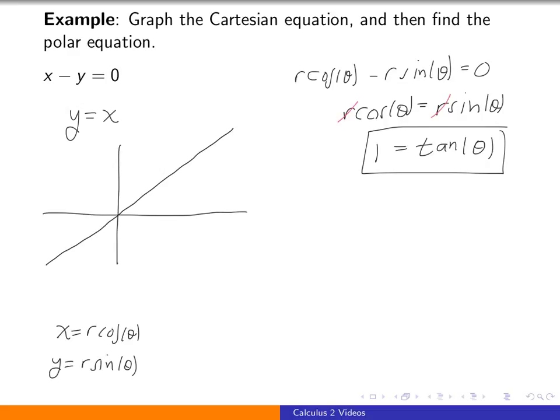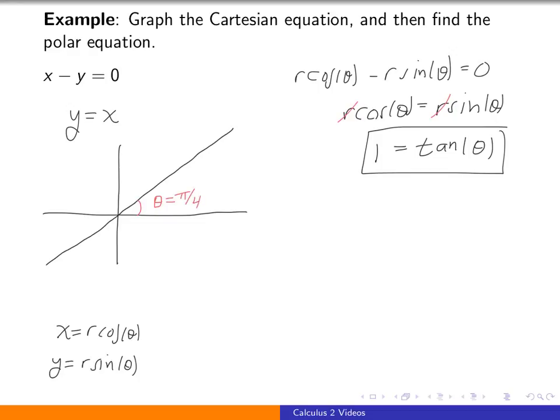And this does give us a perfectly good polar representation of the curve. But ideally, we would have something that's maybe a bit easier to work with. So let me make another observation: because it is the line y equals x, that's a 45-degree or pi over 4 radian angle. If this angle is pi over 4, that would correspond to our theta value.